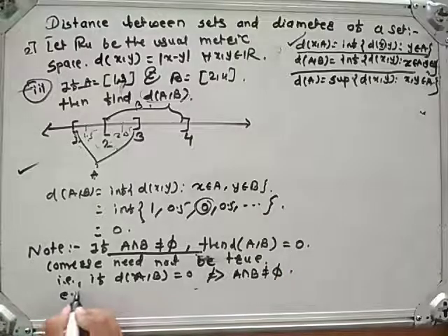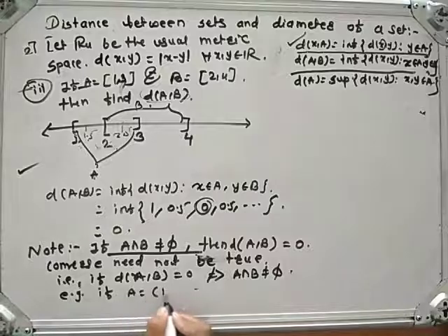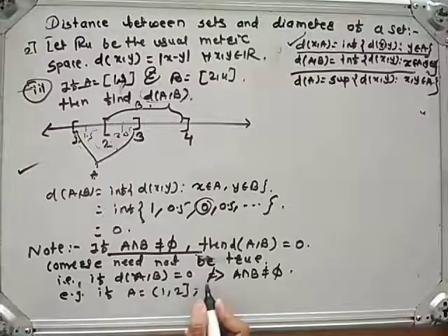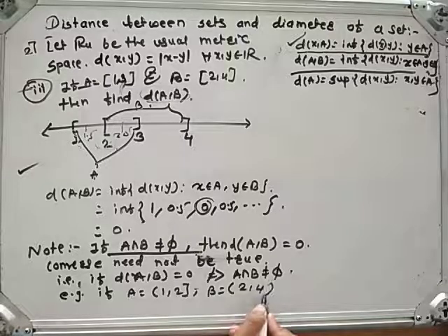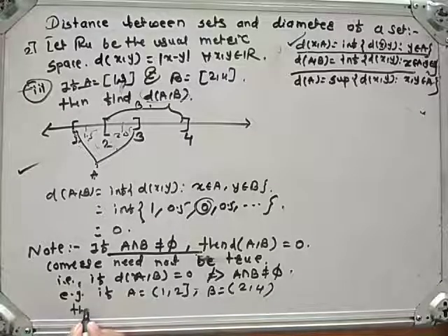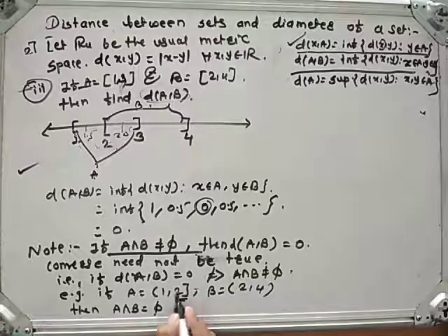For example, if A is equal to the semi-open interval [1, 2) and B is equal to the open interval (2, 4), then observe that A intersection B is equal to the empty set. Obviously, in this set 2 is included and in this set 2 is not included.